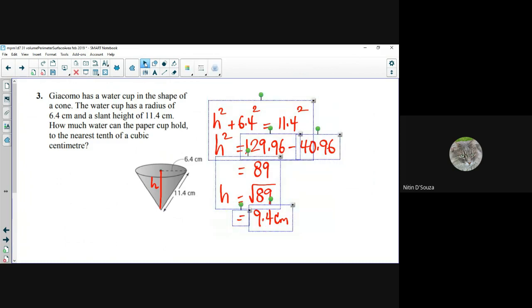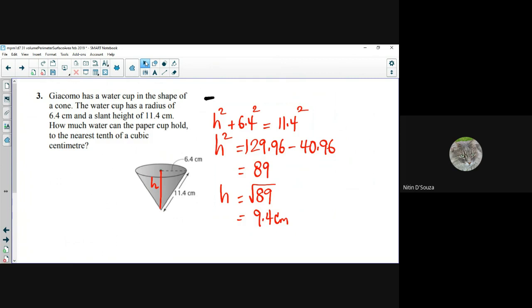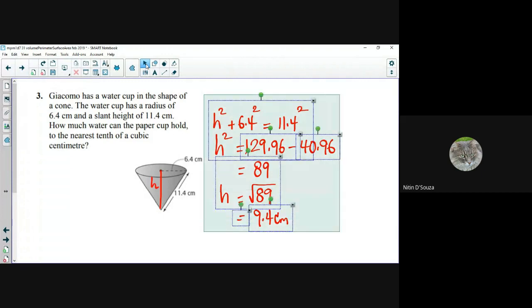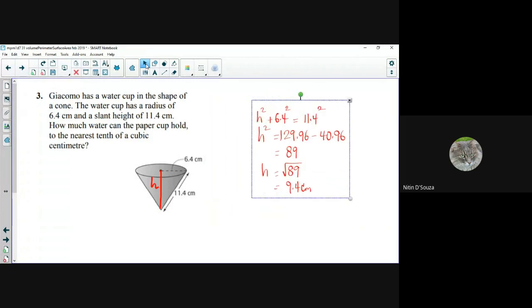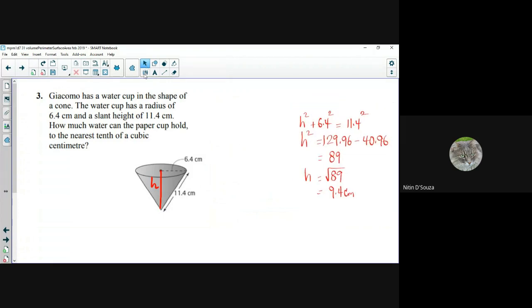The next thing we need to do is find the volume. So I'll do that in blue. Our volume is equal to the area of the base times height divided by 3, except the base is the top. The area of the base will be pi times 6.4 squared.